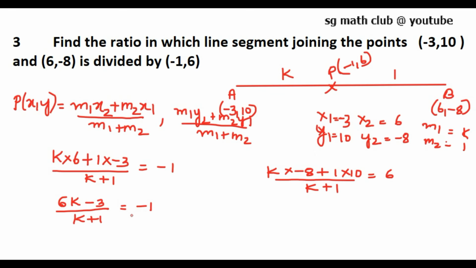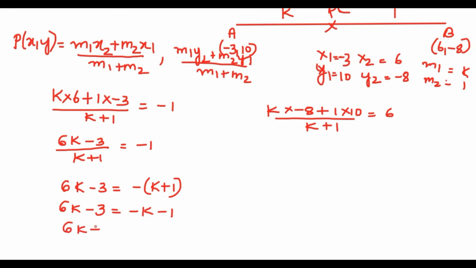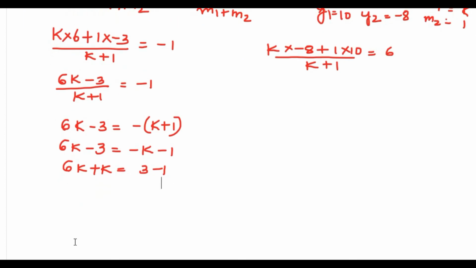So we can simplify this and find out the value of k. So 6k minus 3 equal to -(k plus 1), that is, 6k minus 3 equal to -k minus 1. 6k plus k equal to 3 minus 1. 6k plus k is 7k.